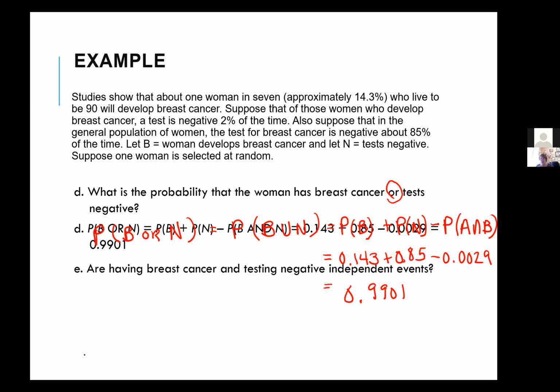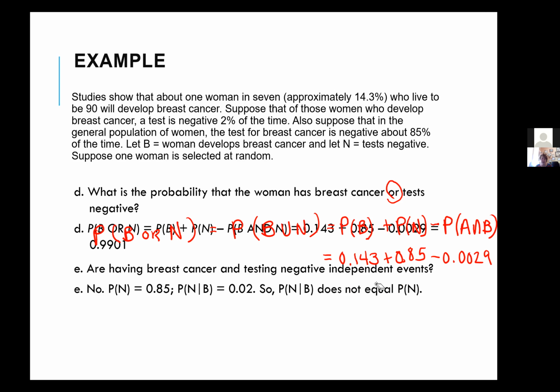And then I just said this just a second ago. Are having breast cancer and testing negative independent? No, they're not independent, because if we look at the definition of independence, independence says that one of three things has to be true.